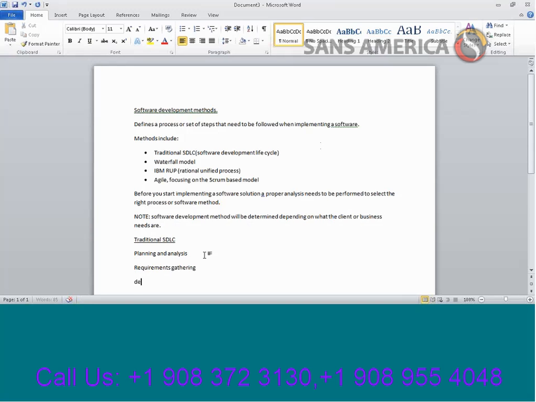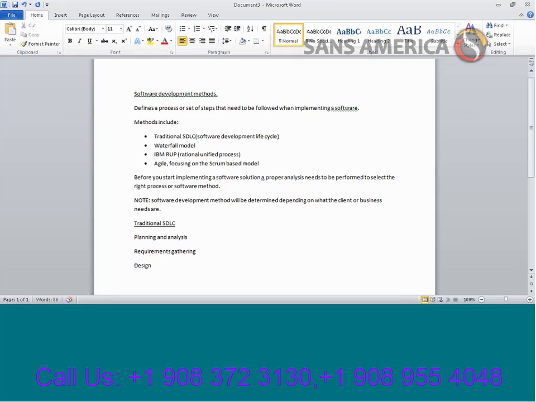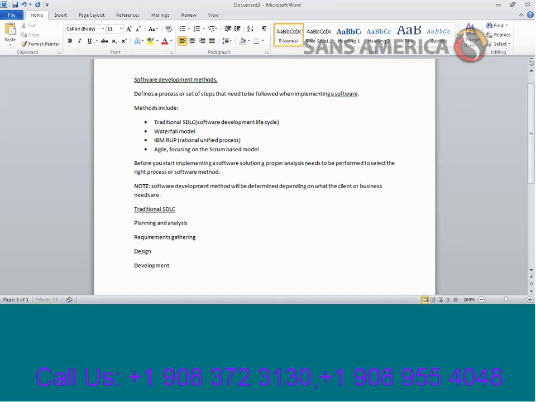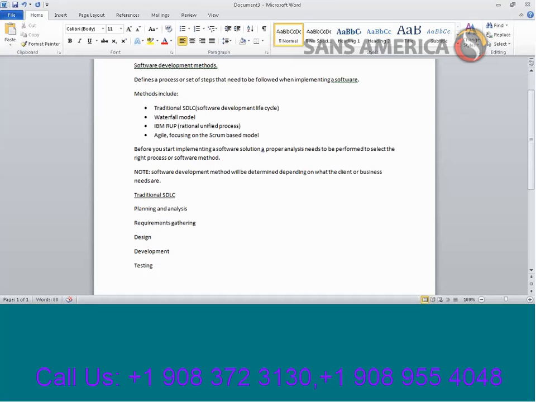Then the design, development, testing, go live, followed by go live and production support. Support, or you can call it maintenance.